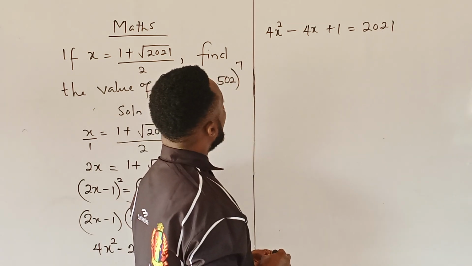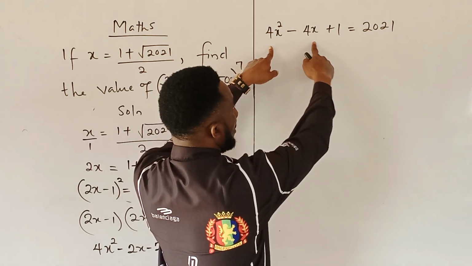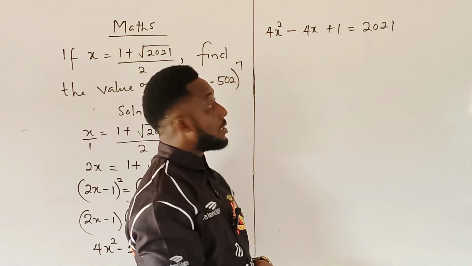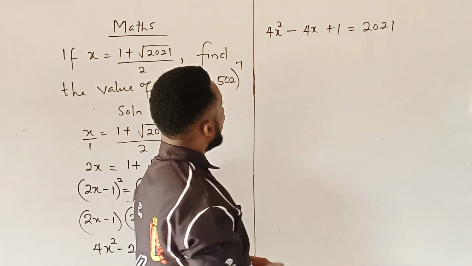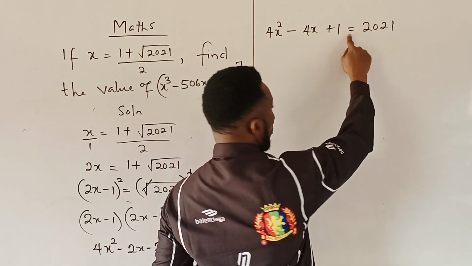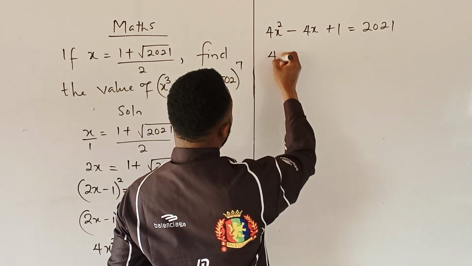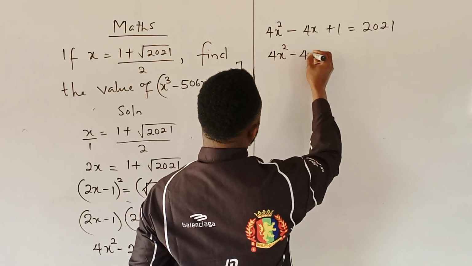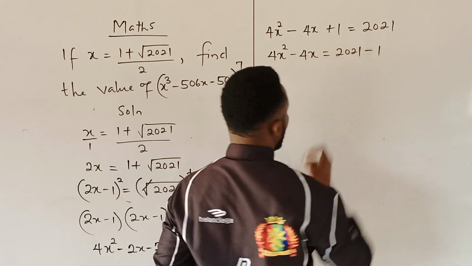The next thing I will do is try to put the variables on one side and the numbers on the other side. So I will subtract 1 from both sides, or simply I can take 1 to the right, it crosses the equality sign and becomes negative. So I will write 4s squared minus 4s equals 2021 minus 1.